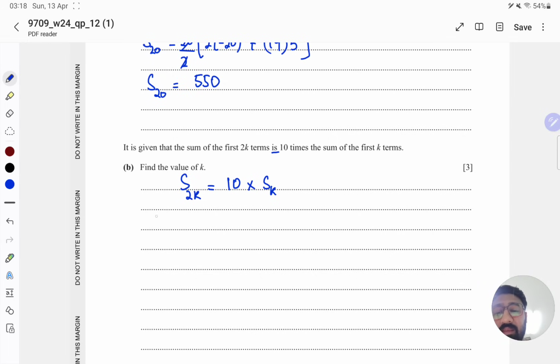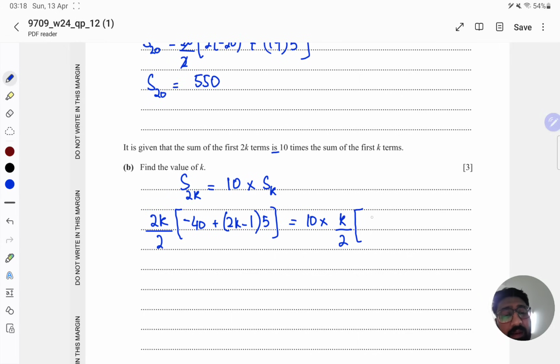So it is 2k divided by 2, bracket 2 times a, which is minus 40, plus 2k minus 1 into d, which is 5, which will be equal to 10 times k divided by 2, bracket minus 40 plus k minus 1 into 5.